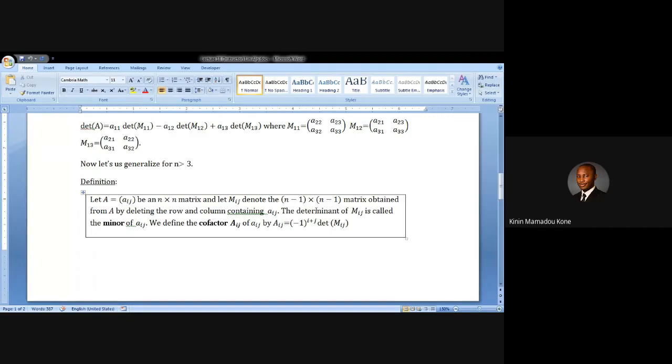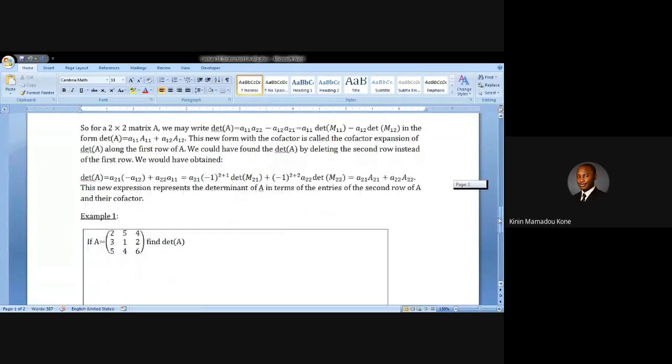The determinant of M sub ij is called the minor of the ijth entry. We denote the cofactor A sub ij of a sub ij by A sub ij equals negative 1 raised to the power i plus j, multiplied by the determinant of the matrix M sub ij.